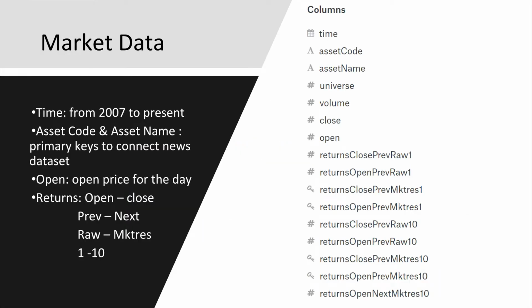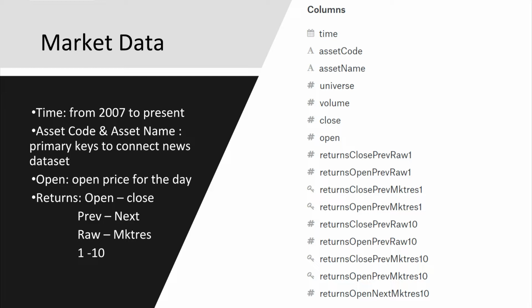After looking at the evaluation and project summary, let's look at what data we got. There are two data sets. One of them is market data, which has 16 variables. Time is a timestamp from 2007 to 2018. Then there are asset code and asset name.